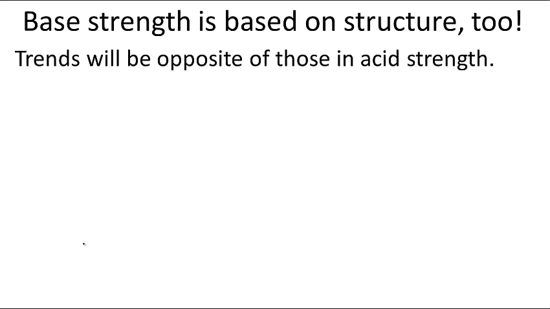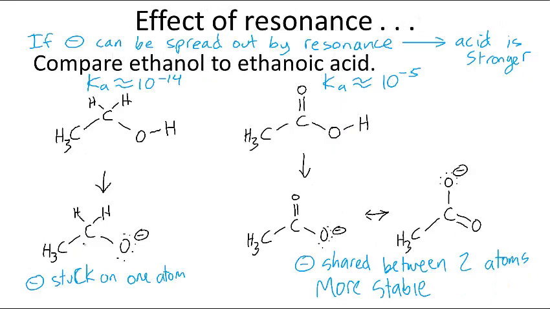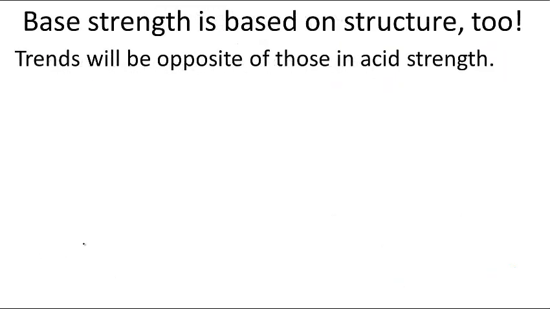One thing I would say before I say that: an acid has to have H, right? And what gets left behind when you pull that H away? Electrons, a lone pair. So a base has to have a lone pair. So really, we'll look at the atom with the lone pair.